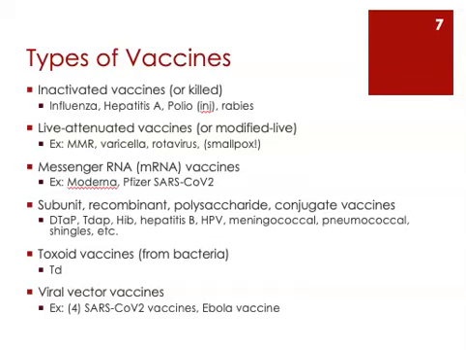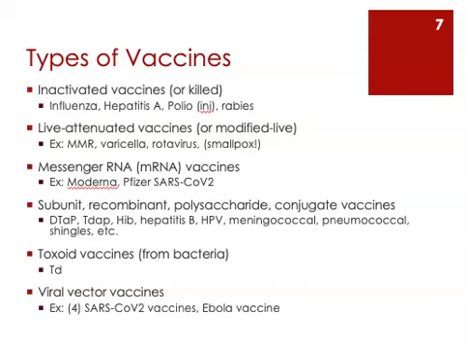And one of the most important and most common bacterial vaccines, or what we call toxoid vaccines, is the one that protects us from tetanus. There's also a vaccine called the TD vaccine that protects against tetanus and diphtheria again. It's the tetanus that is the toxoid part of the vaccine.